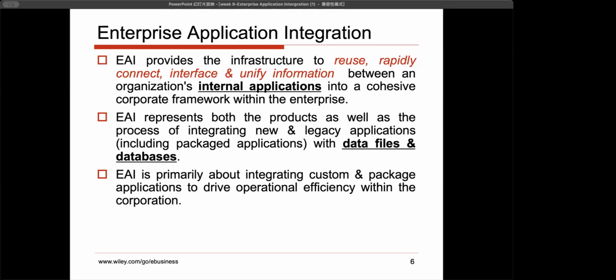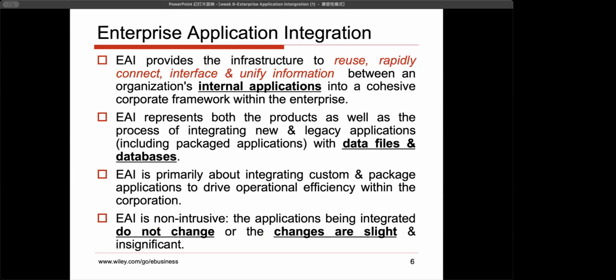EAI presents both the products as well as the process of integrating new and legacy applications, including packaged applications with data fields and databases. EAI is primarily about integrating custom and packaged applications to drive operational efficiency within the corporation. And EAI is non-intrusive.